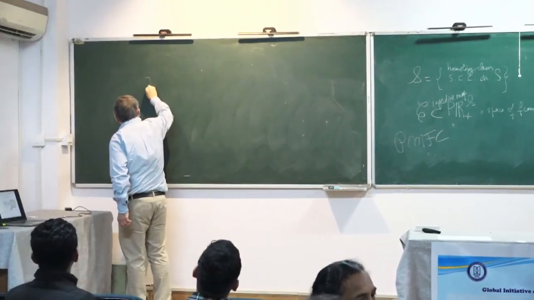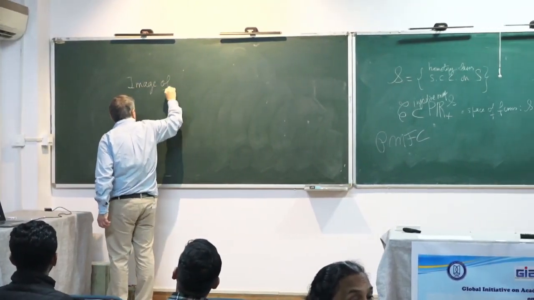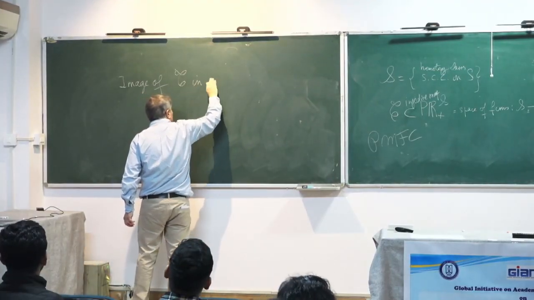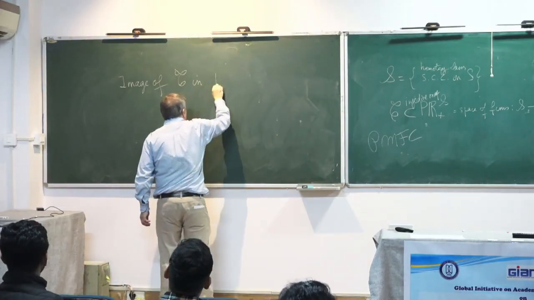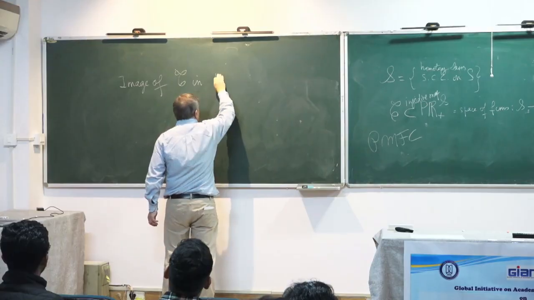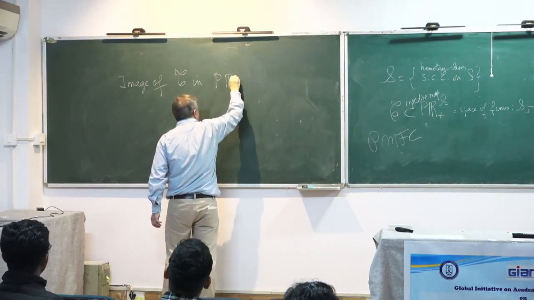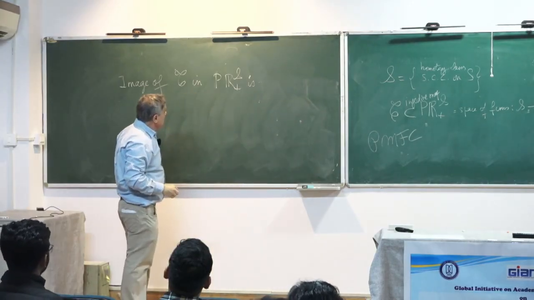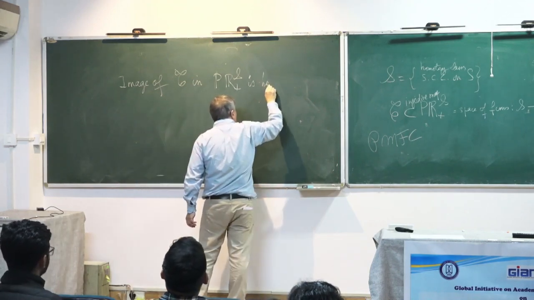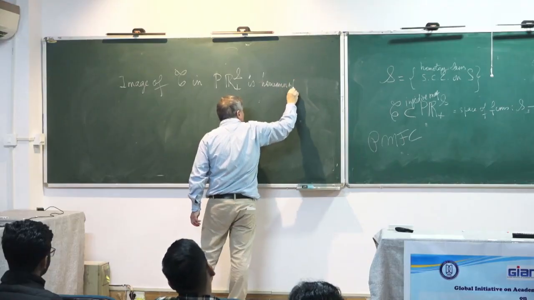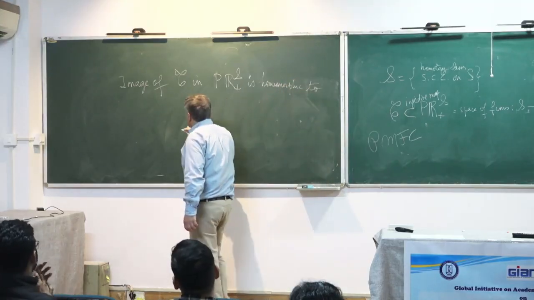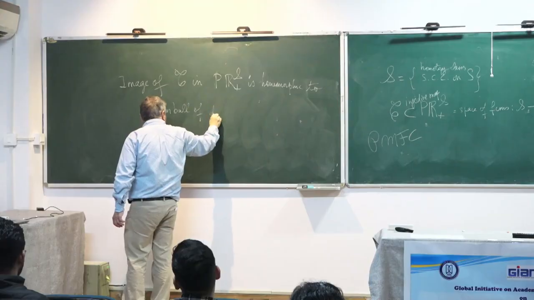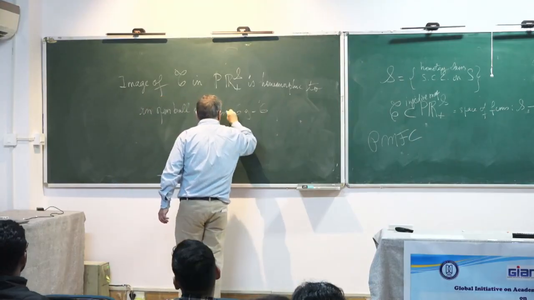The image of Teichmüller space in this space, we called it P R plus to the S, is homeomorphic to an open ball of dimension 6G minus 6.